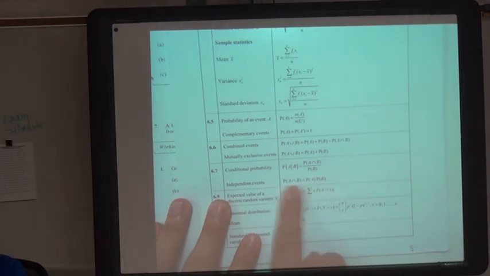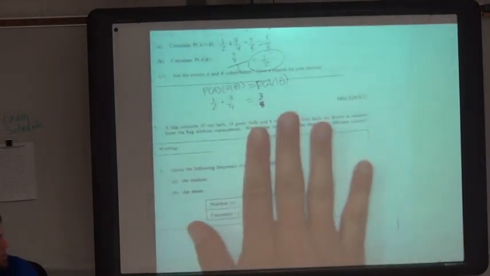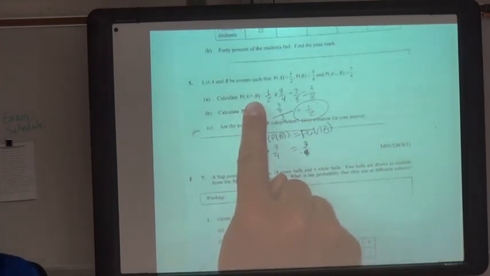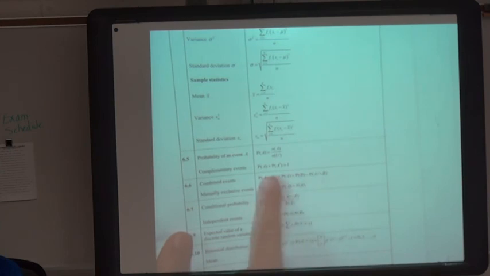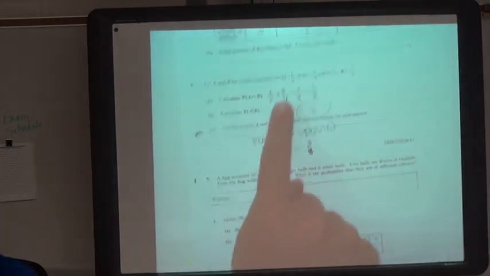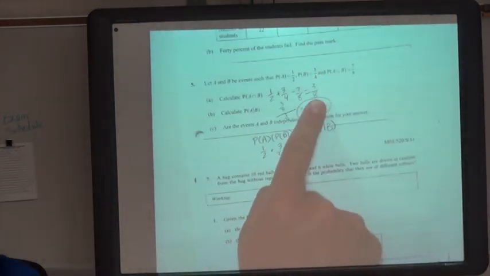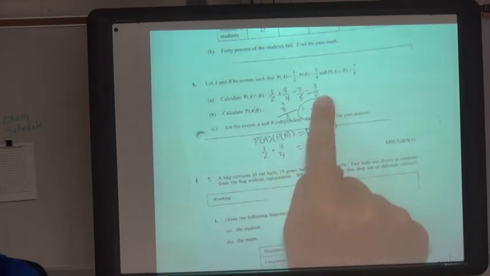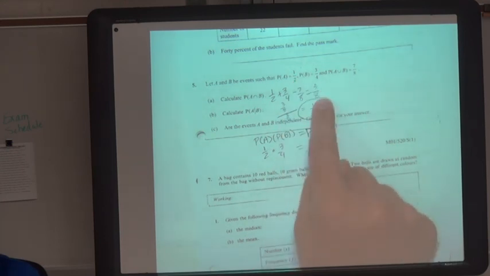Okay? In this problem, we found the intersection using that formula, right? We used that formula to find 3/8. Now, if you take the two given probabilities and multiply them, do they also equal 3/8? Does 1/2 times 3/4 equal 3/8? Yes.